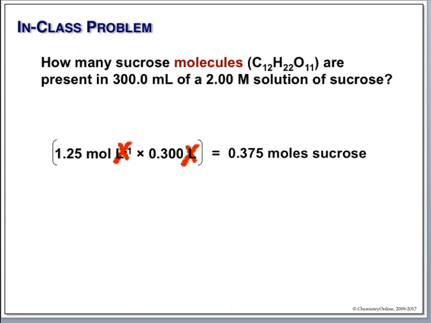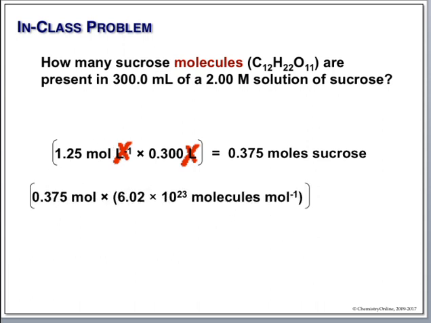So we'll take this as our given. Our ratio will be 6.02 times 10 to the 23rd things per mole. Right here. And we simply multiply them together.